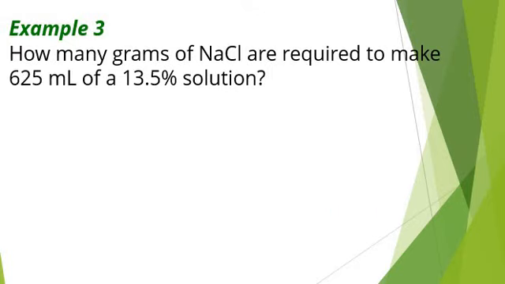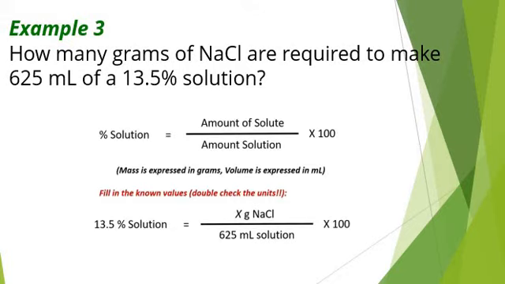Next example: how many grams of sodium chloride are required to make 625 ml of a 13.5% solution? Again, the volume is not 100 ml. By using the same formula, we can determine the sodium chloride mass, and we just have to rearrange the equation to give the gram of sodium chloride.